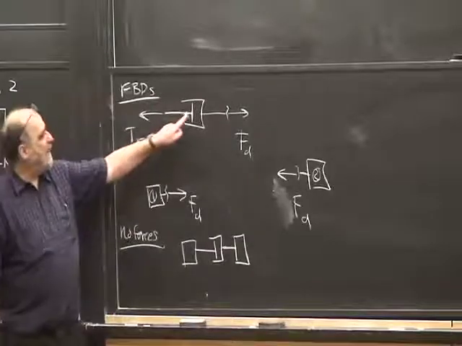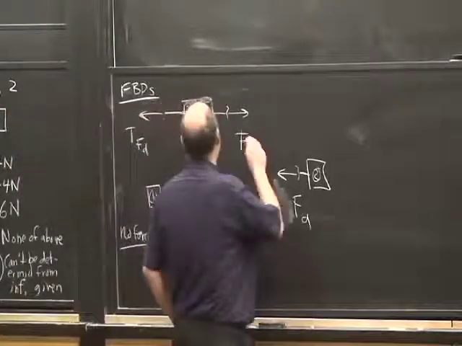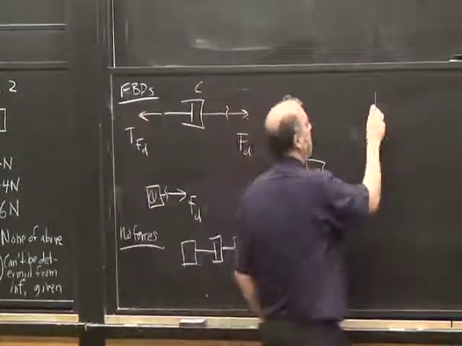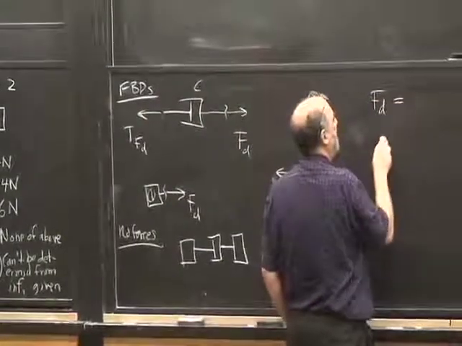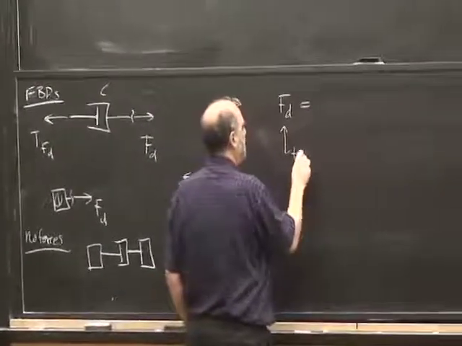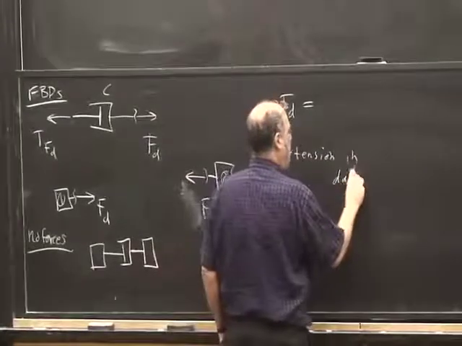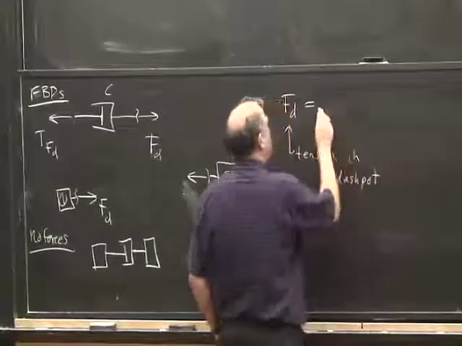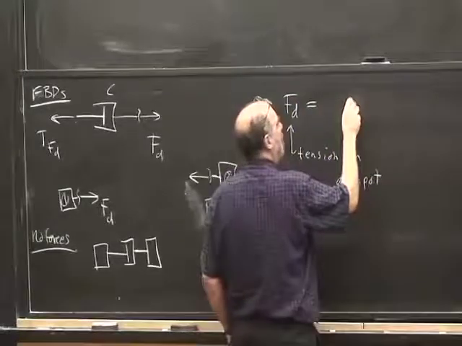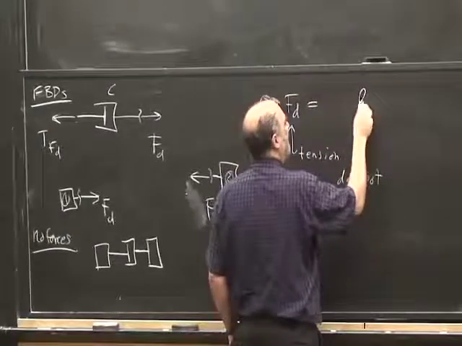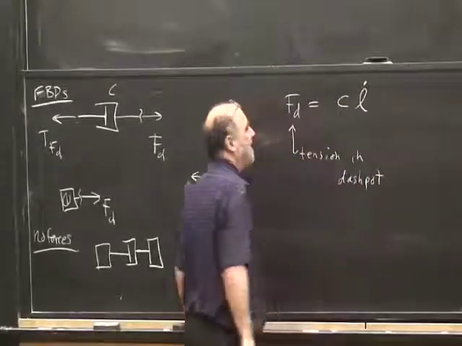The key one is actually this one, because the nature of the dashpot is that the force in a dashpot, or the tension in the dashpot, is proportional to the rate at which the dashpot is lengthening, and the proportionality constant is c.